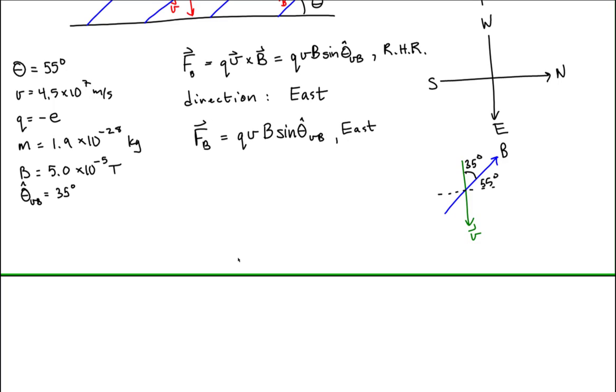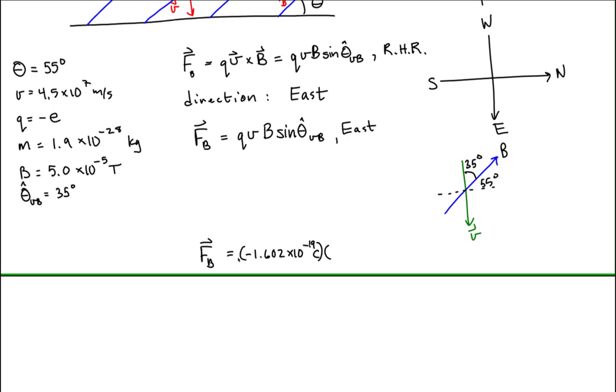We now have enough information to determine the magnetic force due to Earth's magnetic field on this muon. The magnetic force is equal to the muon's charge, which is the charge of an electron, given as 1.602 times 10 to the minus 19 coulombs.